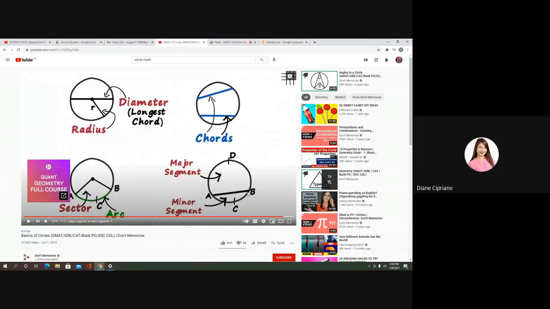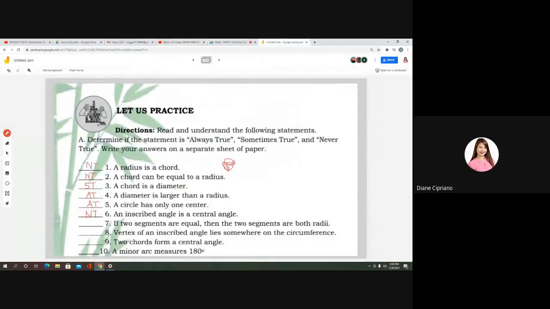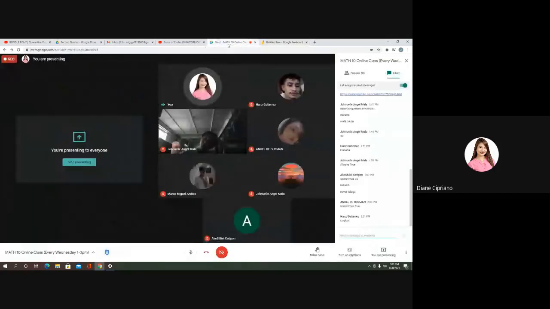Okay, got it. If the two segments are equal, then the two segments are both radii. Januel, hindi ko pa naririnig yung correct answer mo.